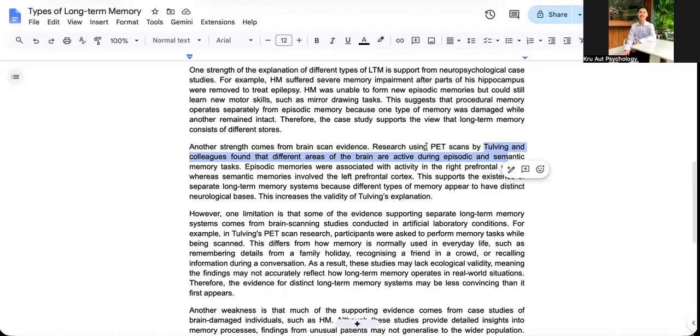Okay, so for PET, Tulving and colleagues, Tulving et al., found that different areas of the brain are active during episodic and semantic memory tasks. You don't need to be too specific about what is done in the task, just say they did it. Episodic memories were associated with activity in the right prefrontal cortex, whereas semantic memories involve the left prefrontal cortex.